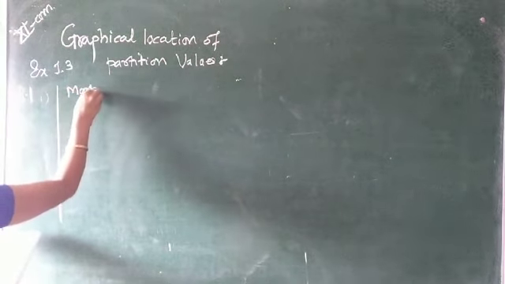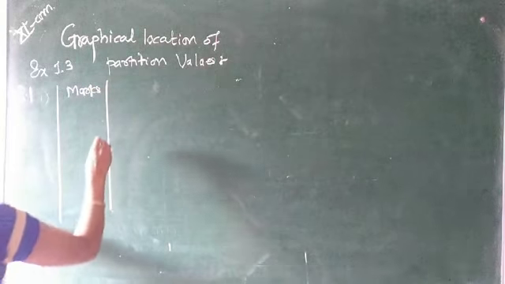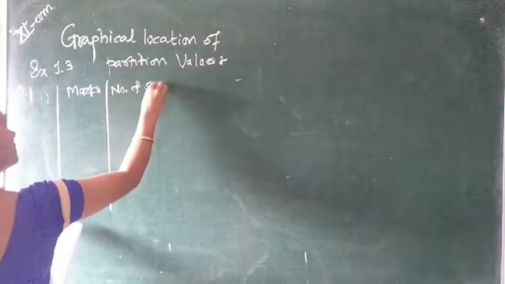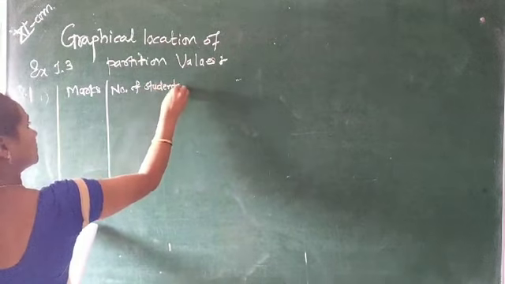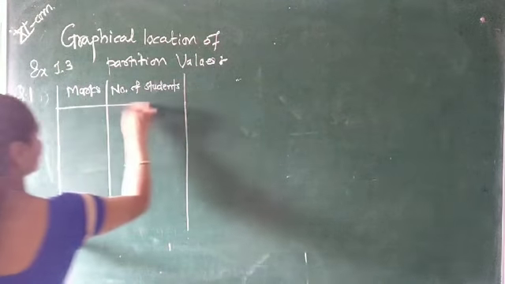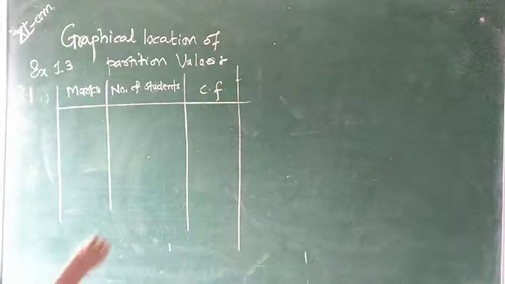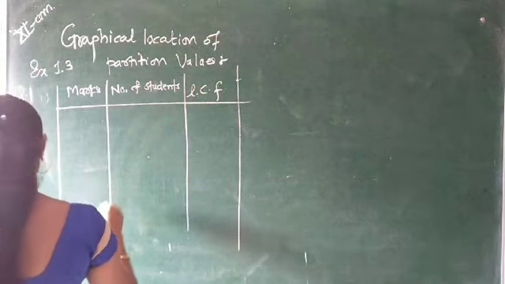Marks and number of students. And the next column is of less than CF, say LCF.